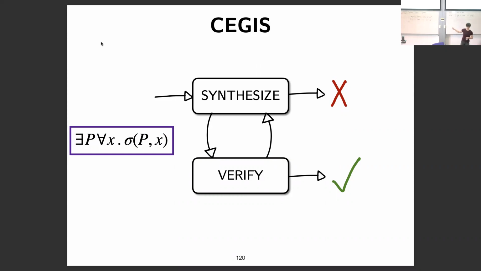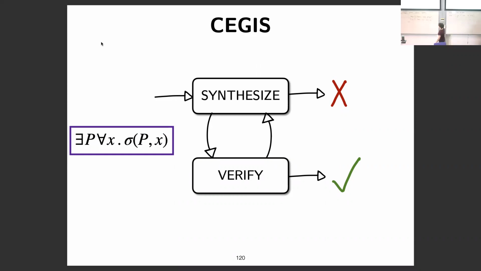Anything that synthesizes code is doing some variant on CEGIS, unless it's not necessarily synthesizing correct code. If you've got something like Copilot, it's not doing CEGIS, but it's also telling you things that are probably wrong.